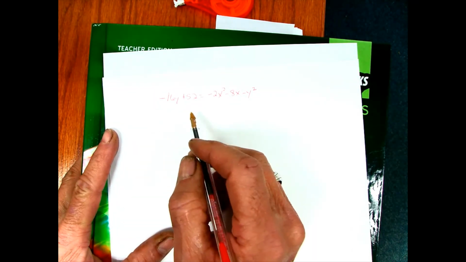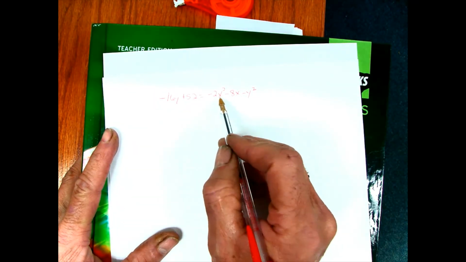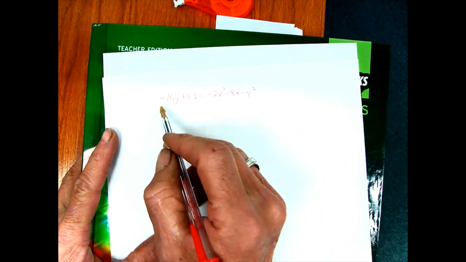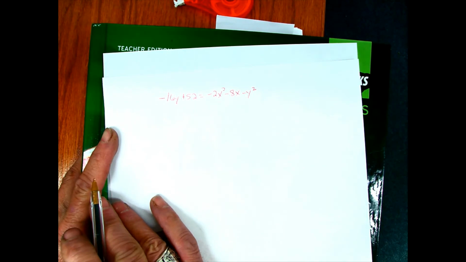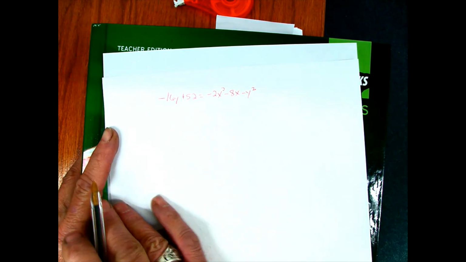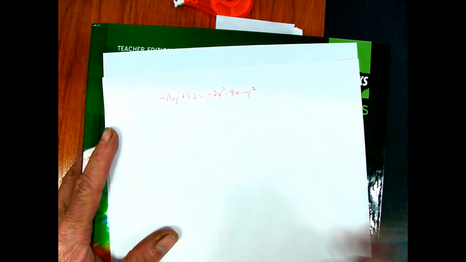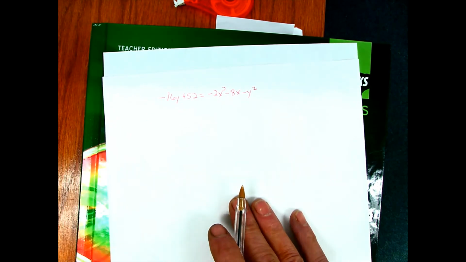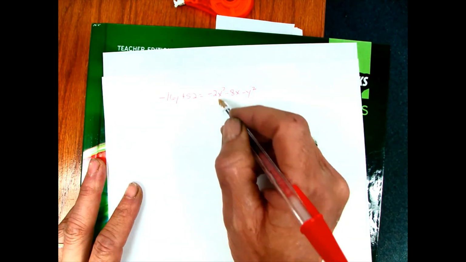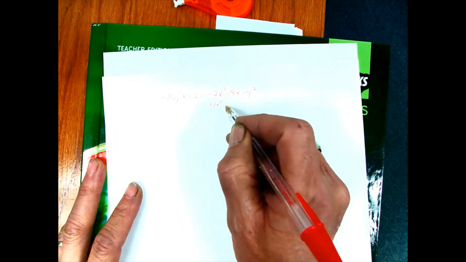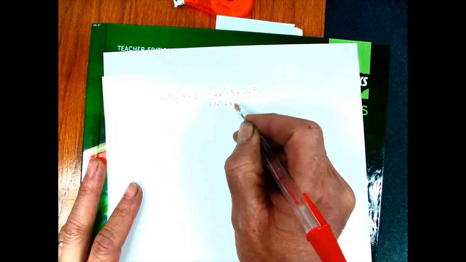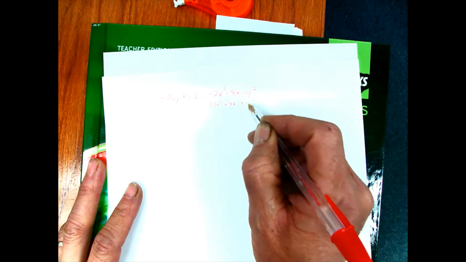Okay, here we go. X squared is negative. It needs to go over to the other side. y squared is negative. It needs to go over to the other side. We could just multiply the whole equation by -1. Let's just move things. So plus 2x squared, move that 8x while you're at it, plus y squared.